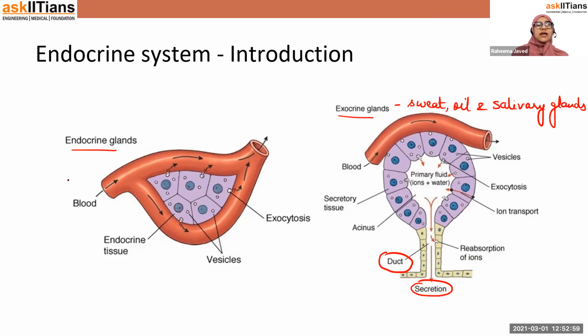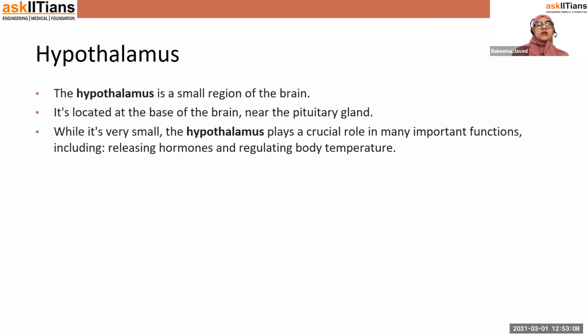Whereas the endocrine glands are the following. We are going to discuss them only. The first endocrine gland is the hypothalamus, a small region of the brain, as we saw in the previous videos also, located at the base of the brain, and the pituitary gland is a pea-sized gland hanging from the hypothalamus.